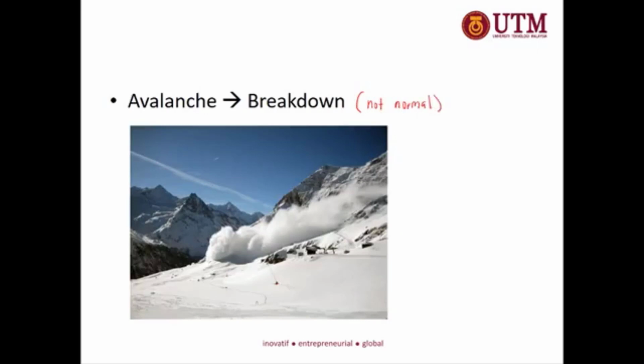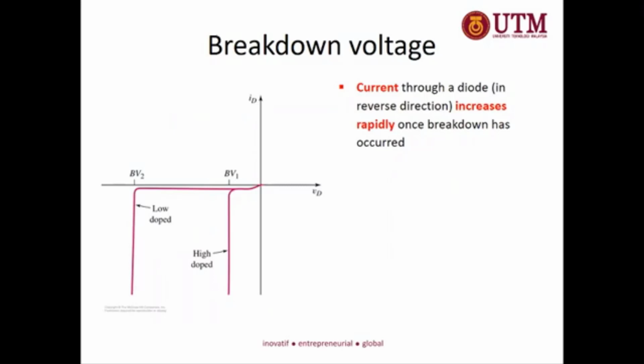Breakdown is when the current through a diode in the reverse direction increases rapidly. Usually in reverse bias, we want to have zero current. So this is normal operation. But now, when the applied bias is very high, we have the breakdown. So this is not normal.